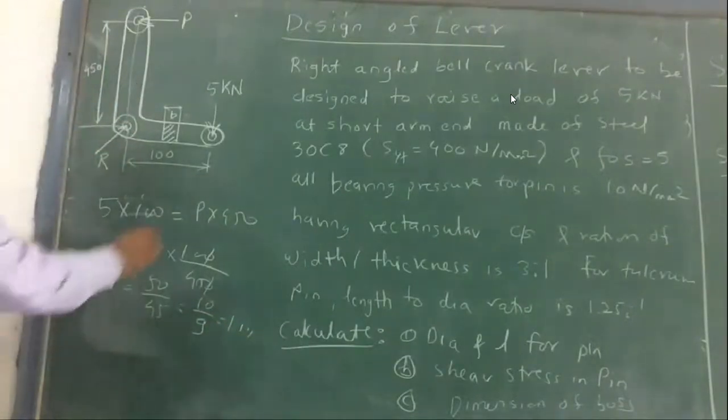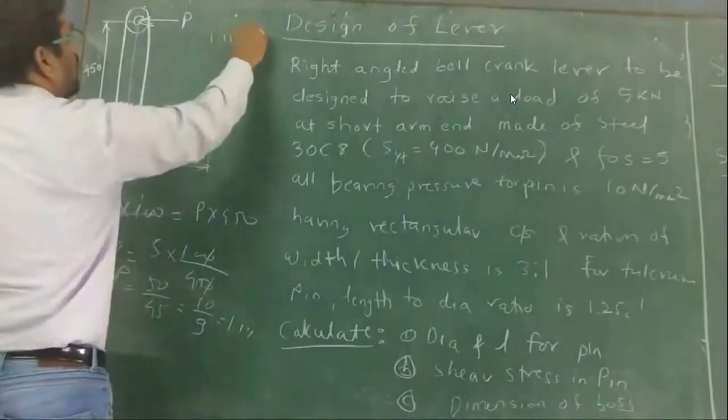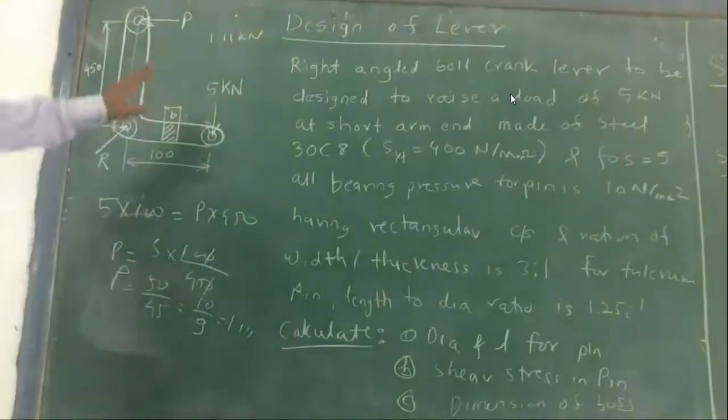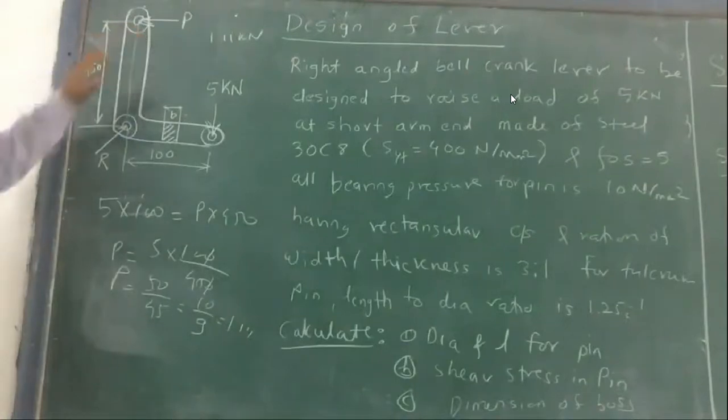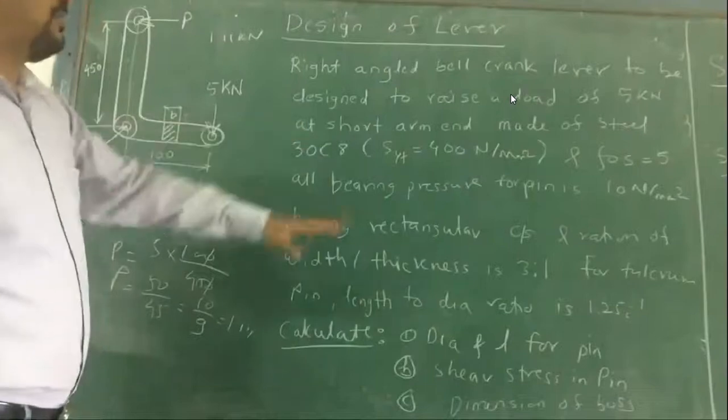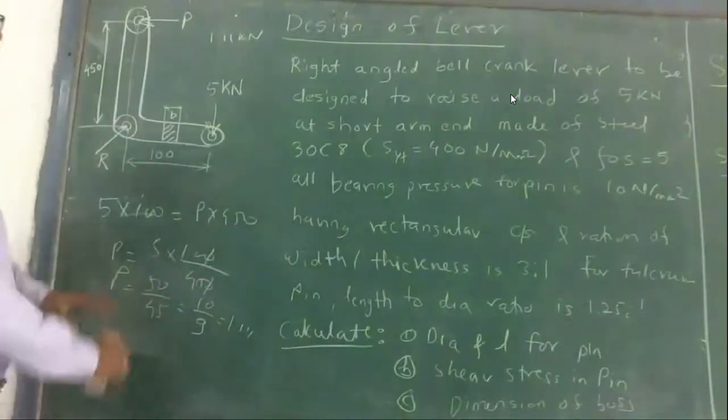So we will need an effort of 1.11 kilonewton. This shows that we will need much less effort compared to the load because of the mechanical advantage of 4.5, right?